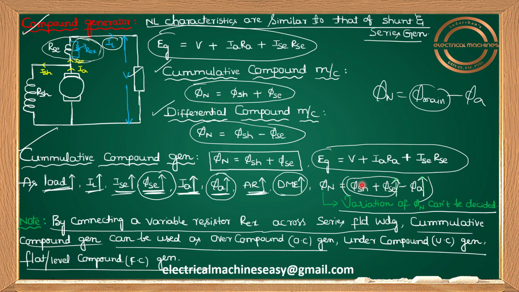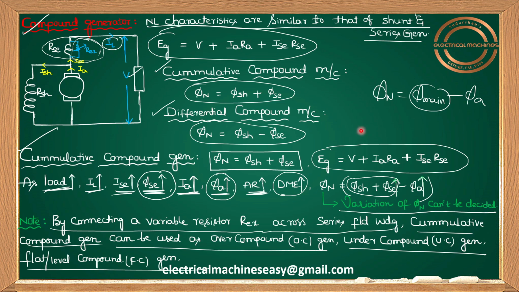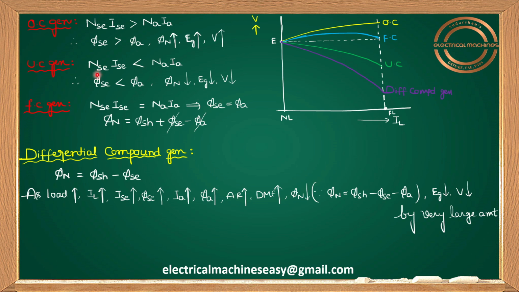Here one thing you have to understand. See, under no load condition, I told you only shunt flux is there. That means EMF corresponds to shunt flux. So that EMF I call E. And what I'm doing here under full load condition, I maintained phi SC equal to phi A by keeping NSCISC equal to NAIA, so phi SC and phi A cancel each other.